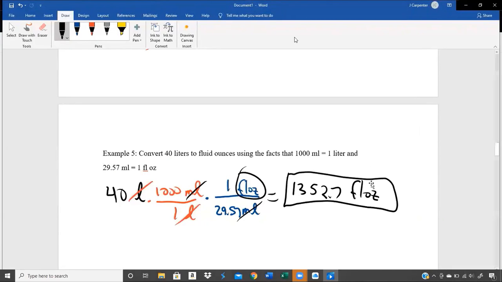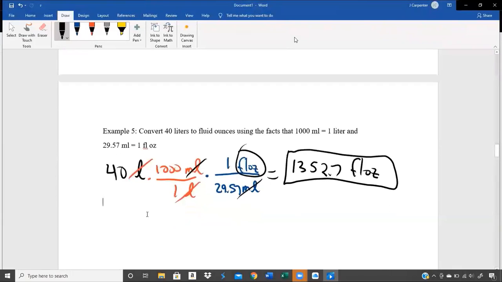All right, so those 5 examples, again, were on pages 120 and 121 of your guided worksheets. So you see exactly what those are. I'm going to do another example, though, that is not on your guided worksheet anywhere. And what I want to do is convert, this one's going to be a little longer.